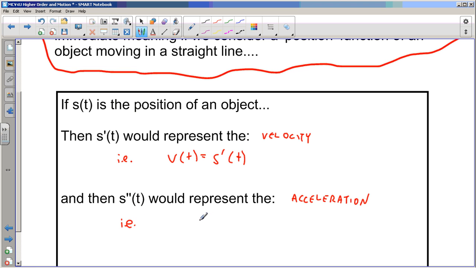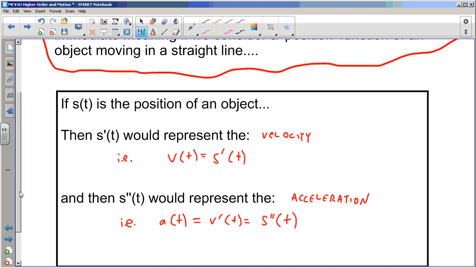We're familiar with the position or distance that an object is away. We're certainly familiar with velocity and acceleration, this idea of speeding up or slowing down. Acceleration is the rate of change of the velocity, or the second derivative of the position function.